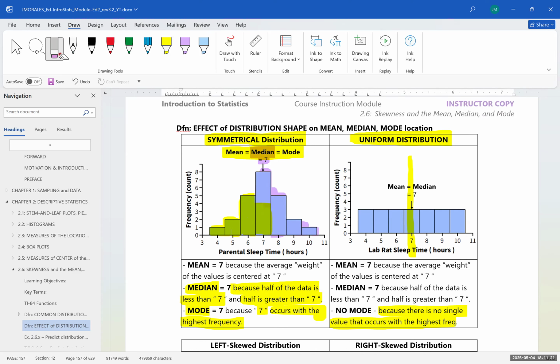And then lastly, we have the mean. The mean is 7 because the average weight of the values is centered at 7. So what we mean by the weight is the actual magnitude that this number means, right?